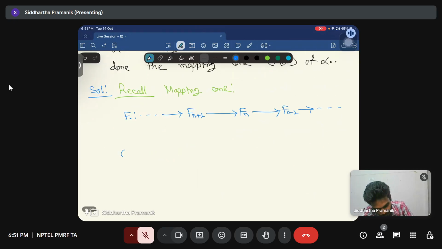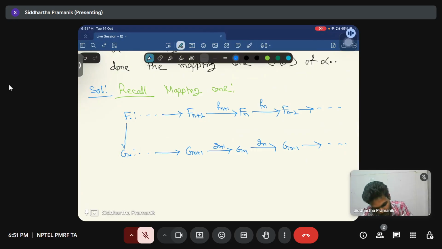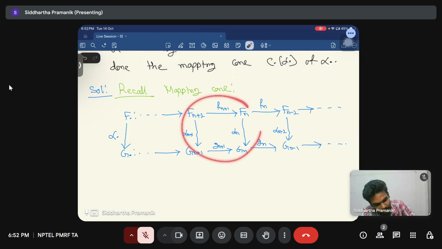And here you have another complex G n plus 1, G n, G n minus 1 and so on. Now we need a map between this complex F dot to G dot. So let's take it is alpha dot. That means we have a map at each level: alpha n plus 1, alpha n, alpha n minus 1, so that each square is commutative.